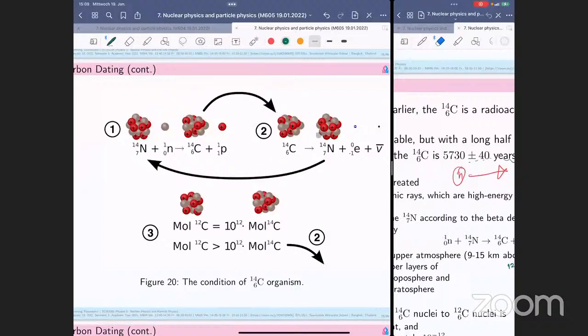The whole process rotates like this. Once you measure the quantity of carbon 12 and carbon 14, if you live on Earth, the ratio between carbon 12 and carbon 14 will remain the same, because you exchange breath on Earth and you eat food every day.